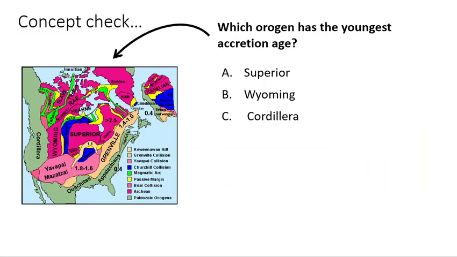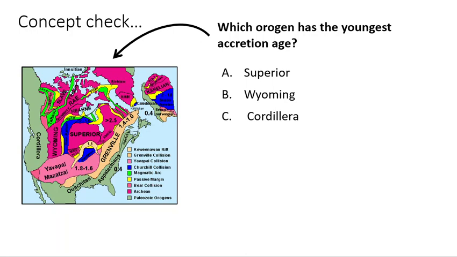Okay, let's do a quick concept check here. So back to that map of origins of different ages. And again, each name and each color represents an origin, that is an ancient mountain belt or a not so ancient mountain belt of a given age. So the question then is, which origin has the youngest accretion age of the three possibilities, including the Superior, Wyoming, and Cordillera origins?